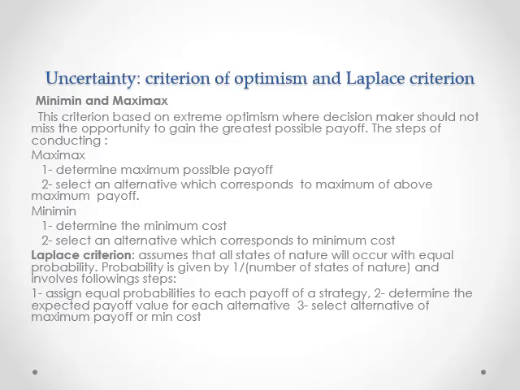Say, for example, 1 belongs to alternative A, then A should be chosen because it got the minimum of the minimum. This is what we call the criterion of optimism.